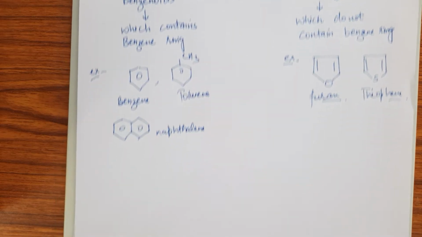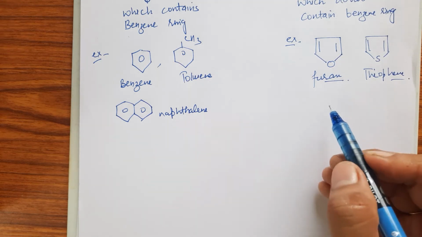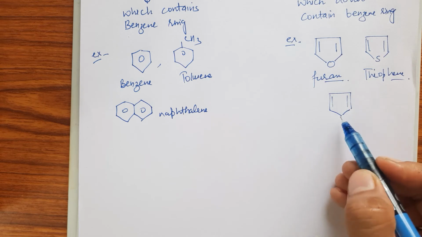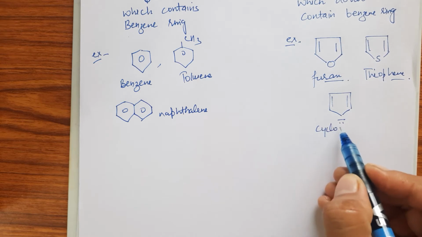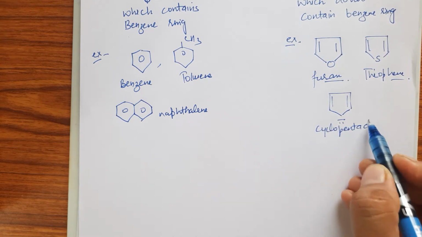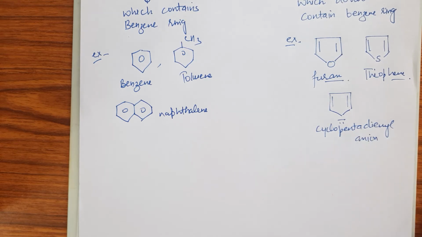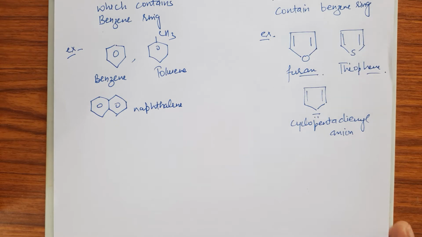These are non-benzenoids. I'm taking one more. This is cyclopentadienyl anion. So these are the non-benzenoid aromatic hydrocarbons, right?